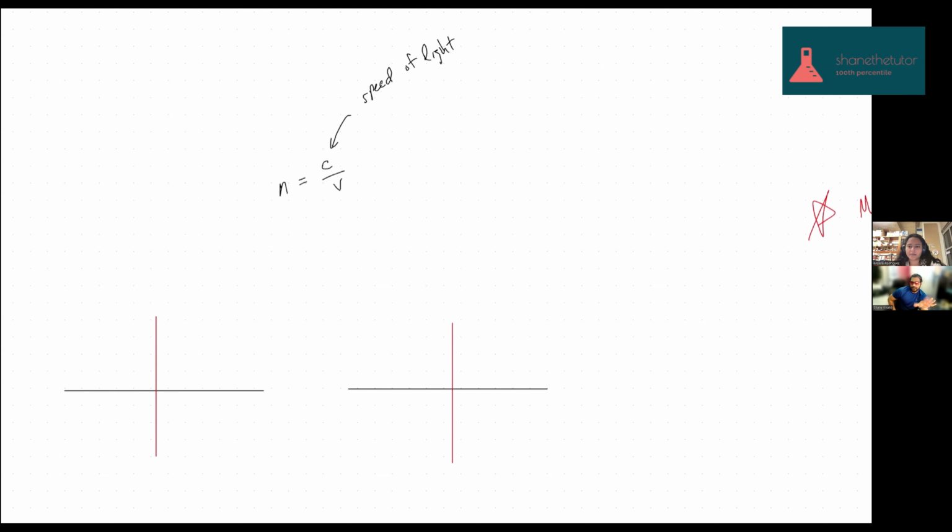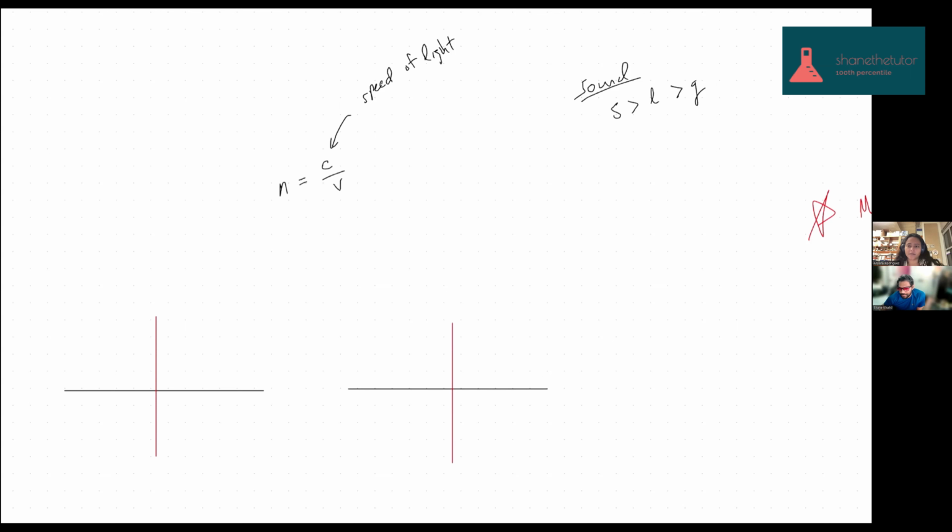Solid is fastest, then liquid, then gas. Good. What about a vacuum? There would be no sound. Correct. So sound benefits from going through a medium, and the denser that medium is, the faster. Okay. So C is the speed of light in a vacuum, which is the fastest it can travel.